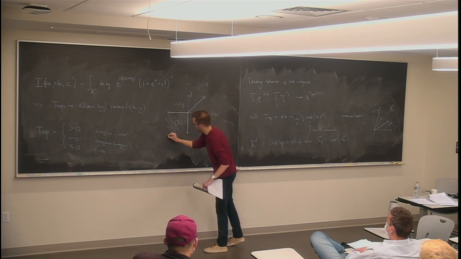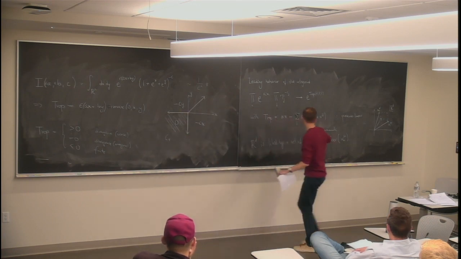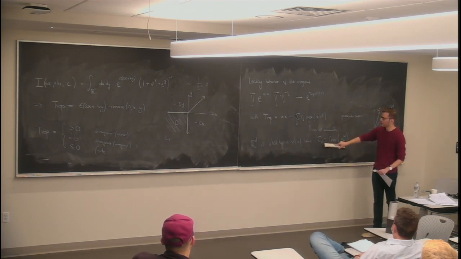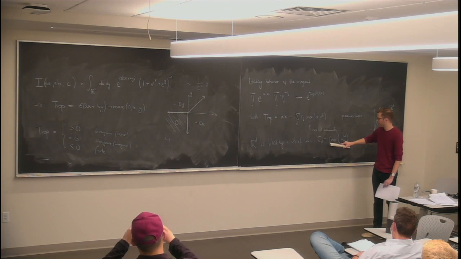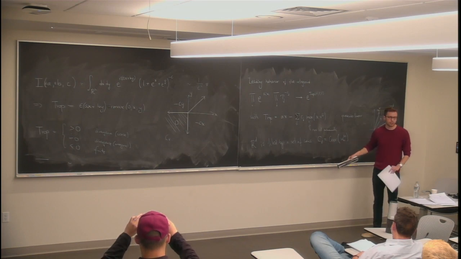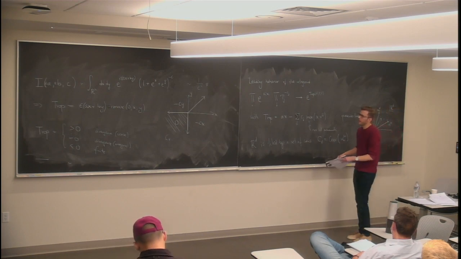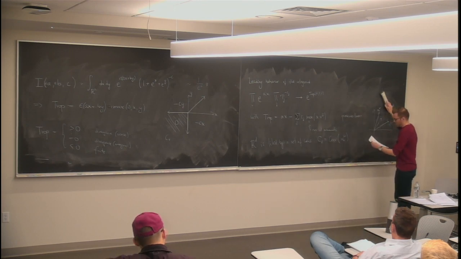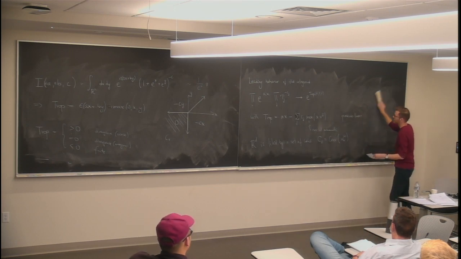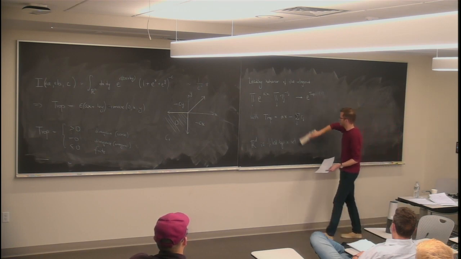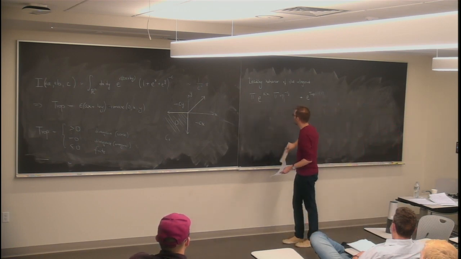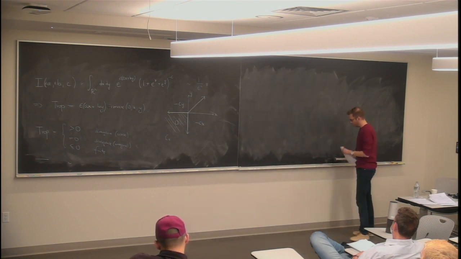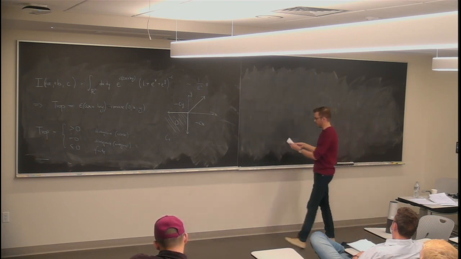Okay, so now let's distinguish between two cases. Just to make sure, this cone in here is what I call C_V on the board. It's called C sub V because, to those of you who are familiar with normal fans, it's going to be dual to a normal fan of the polytope.